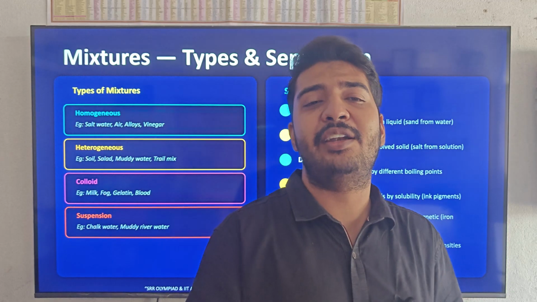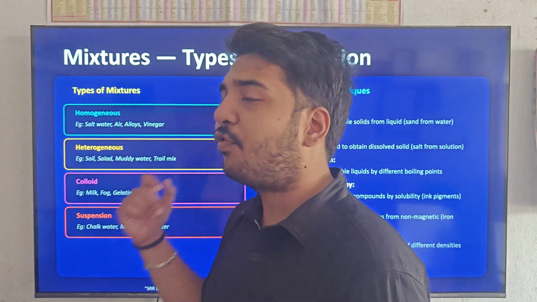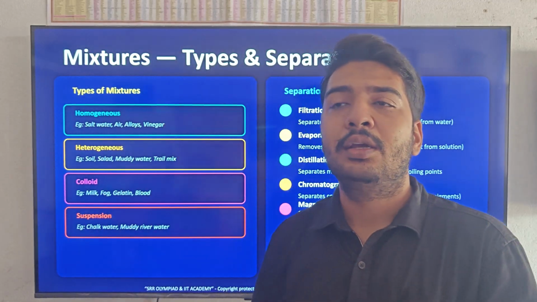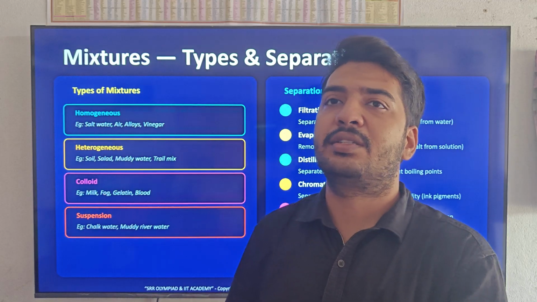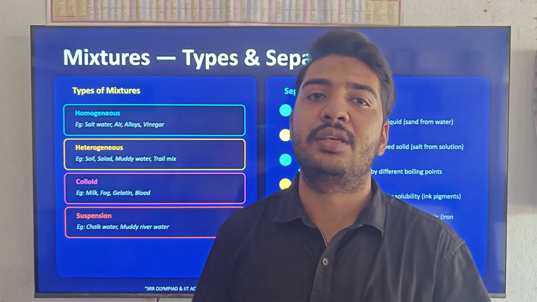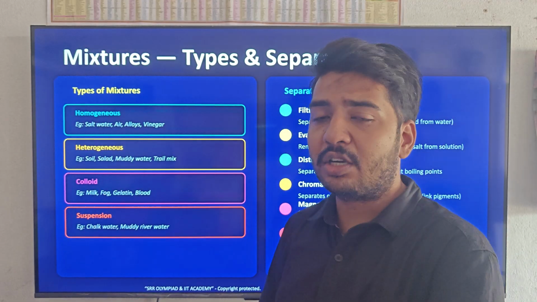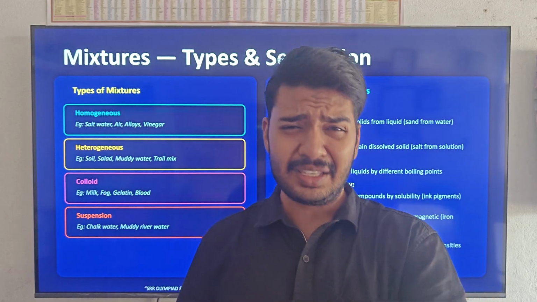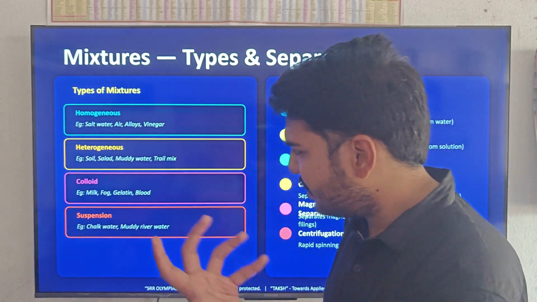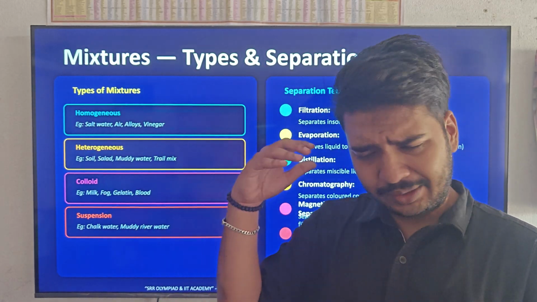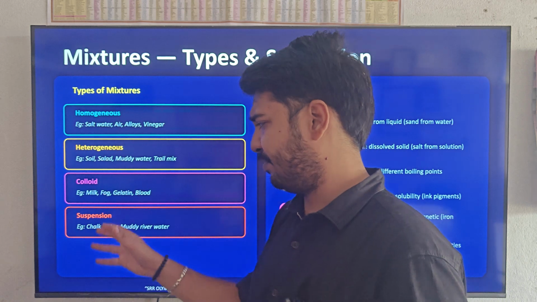Even you can make many kinds of things. And what about fog, sir? A cloudy kind of substance, like in winter seasons, fog can be converted into water droplets. Fog can be condensed, and many things can happen. Gelatin and blood, everything will be in the same way.